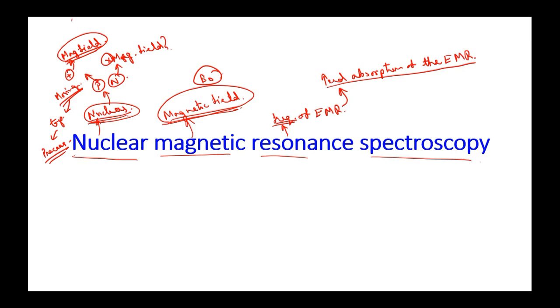Due to that change, the interaction of the magnetic field created by the protons of the molecules or atoms will change, and that change in the interaction is what is studied in nuclear magnetic resonance spectroscopy. So this is the basis of NMR spectroscopy. Let's move forward.